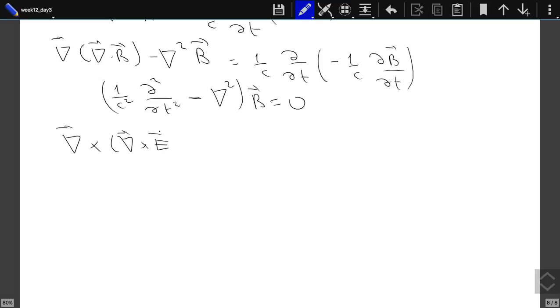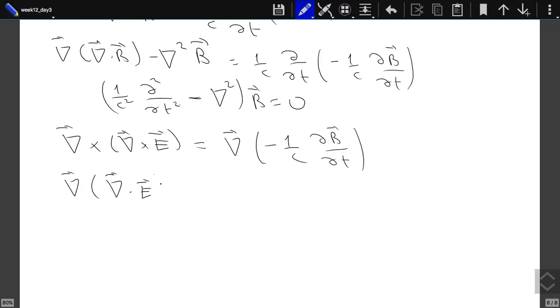Curl of curl of E is equal to the curl of minus 1 over c ∂B/∂t. On the left, it is the gradient of the divergence of E minus the Laplacian of E. Now here, yes, we have the curl.